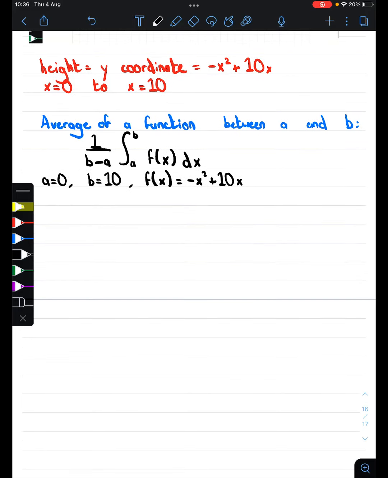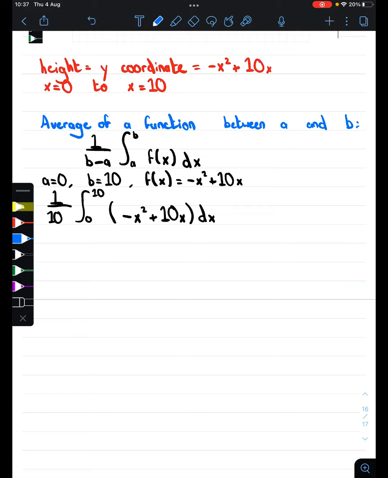Okay, so now we can just sub these into our formula, 1 over 10 minus 0, or just 1 over 10, times the integral from 0 to 10 of the function minus x squared plus 10x dx. Okay, and then we can use this fact.